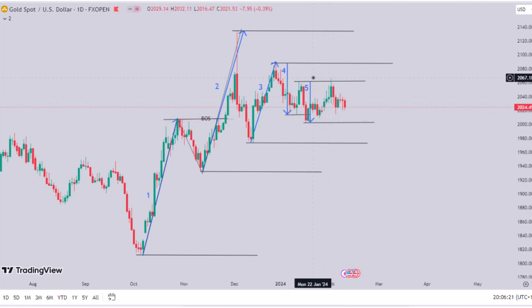It even came all the way to the high of that structure, you see, but it rejected, giving us a weak rejection. A candle never closes above. If a candle were to close above structural range 5, then we would have said a break of structure. Hence, we would have seen the market continue moving in this direction.